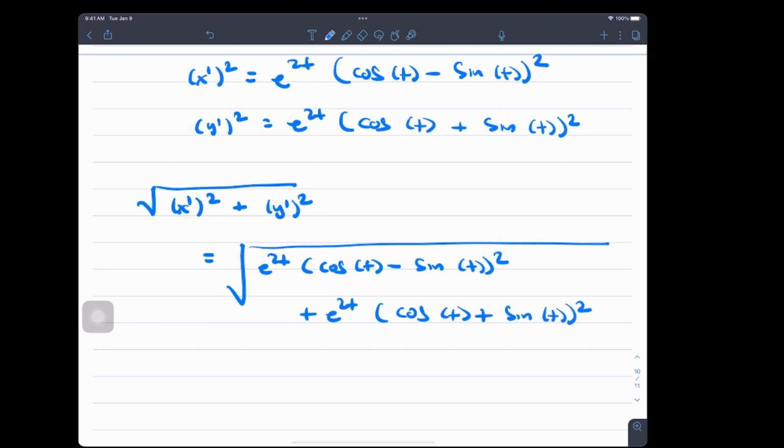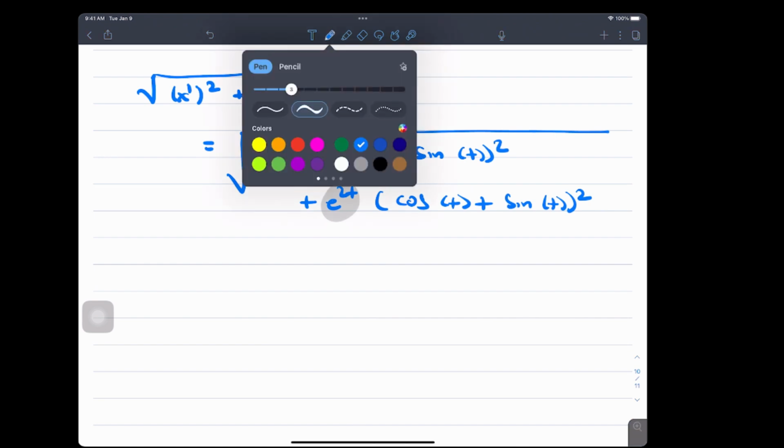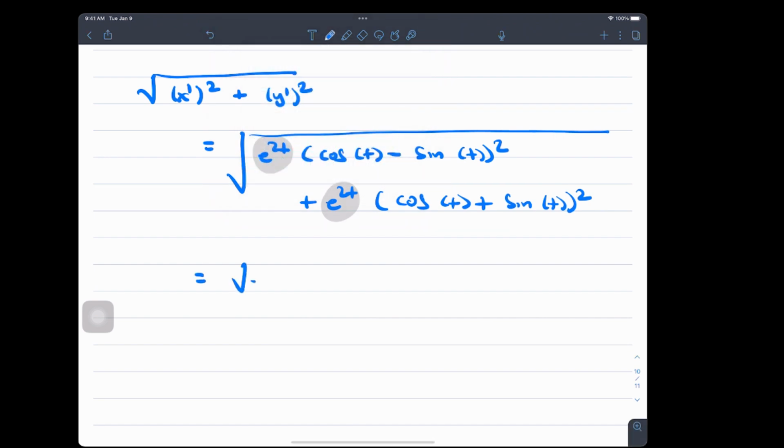Take that square root. So don't forget, ladies and gentlemen, here you get to pull out your what? You get to, I should say this, factor e to the t. So when you do that, you're going to get cosine t minus sine t squared. Let me put parentheses here. Let's do it the right way.